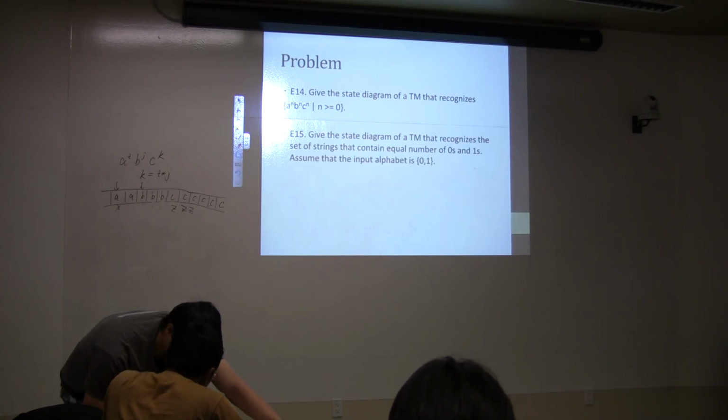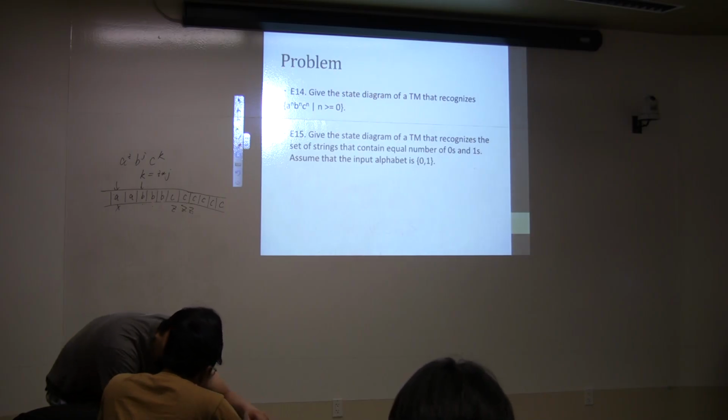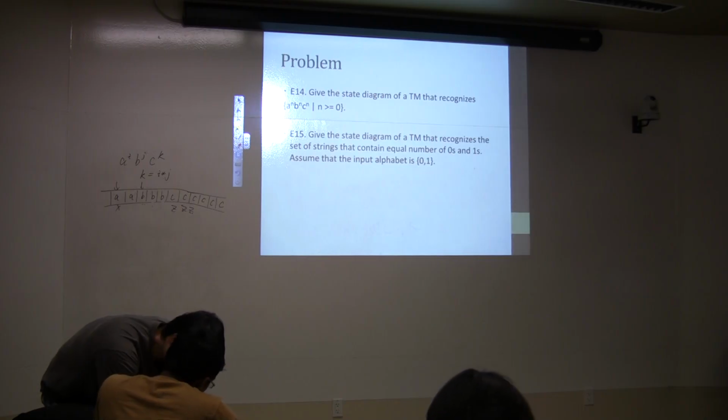And then you keep going left till you see A, and again you go left till you hit an X. So for example, for the B one, you are at this B. You replace it with a Y, go right till you see a C. Oh, sorry, replace it with a Z.